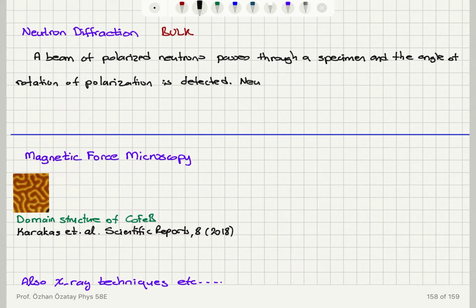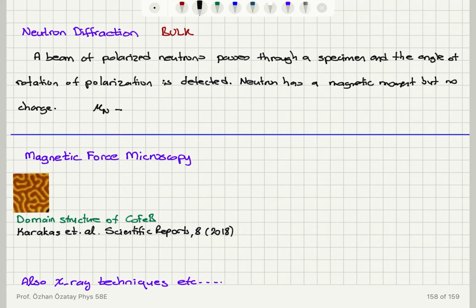A neutron has a magnetic moment but no charge. So it's a pure magnetic effect.